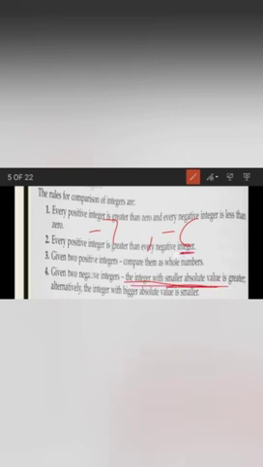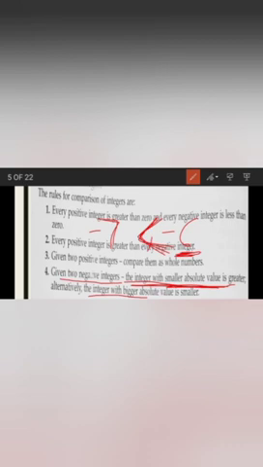The absolute value of -6 is 6, so that means -6 is greater than -7. So when two negative integers are given, the integer with a smaller absolute value is greater and the integer with a bigger absolute value will be smaller.